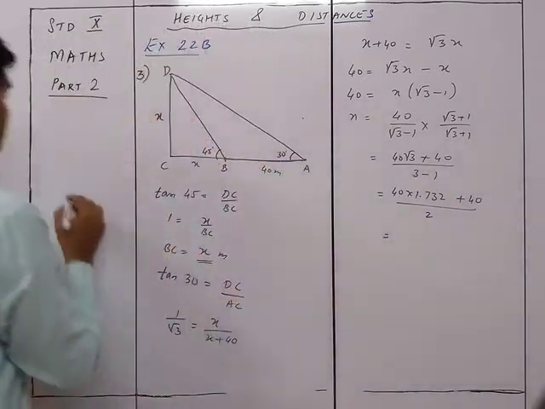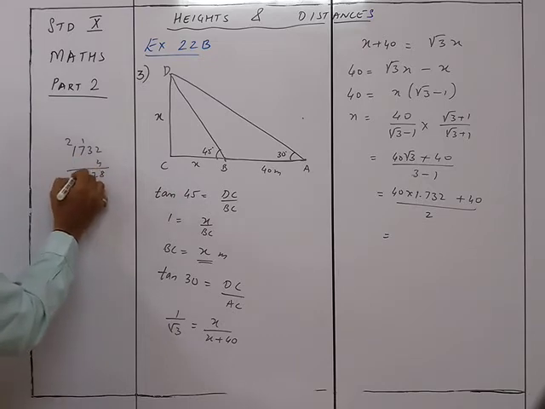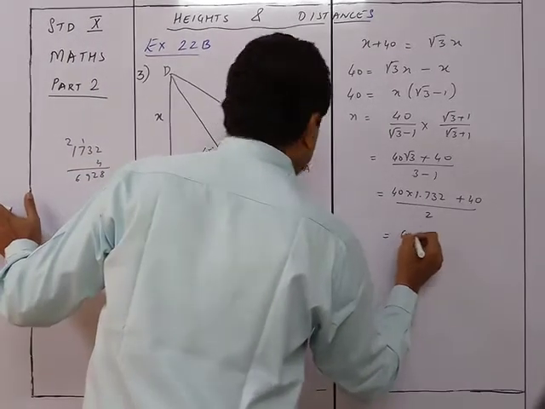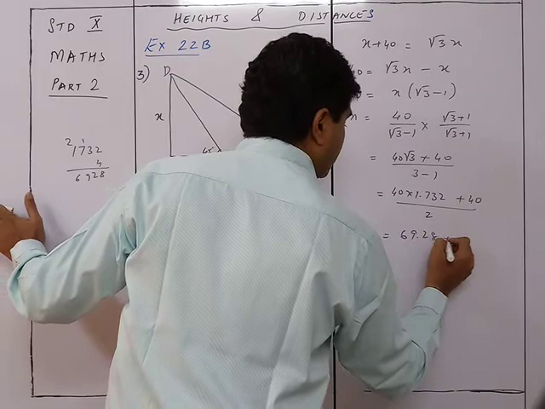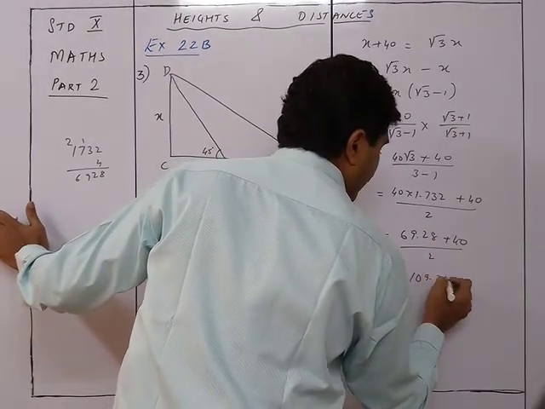That gives you 1732 into 4, which is 69.28, plus 40 upon 2. That will be 109.28 upon 2.